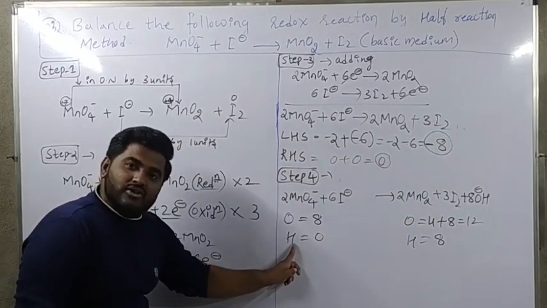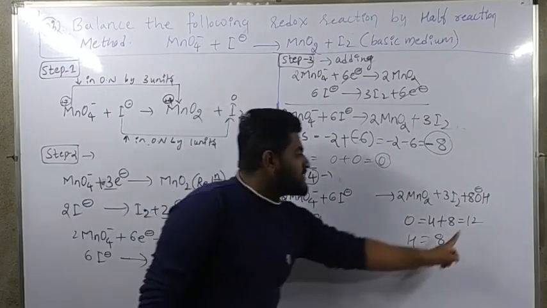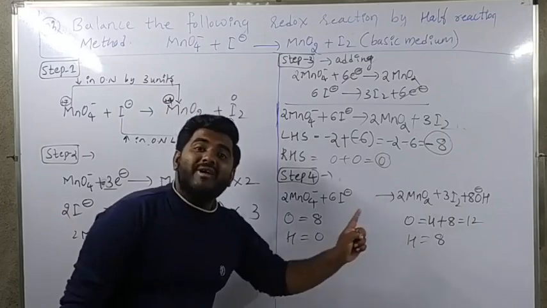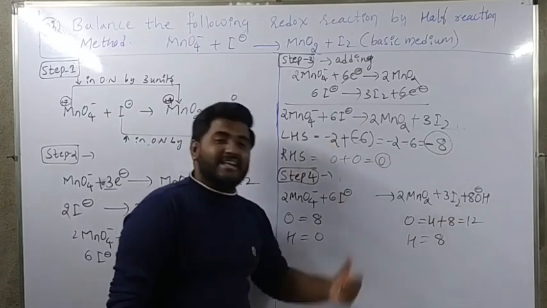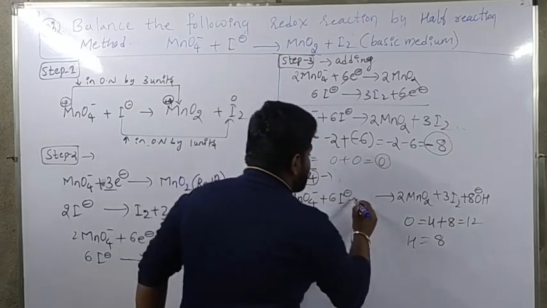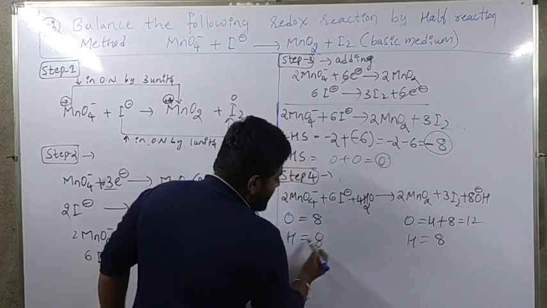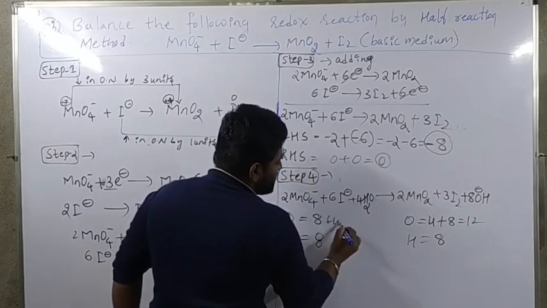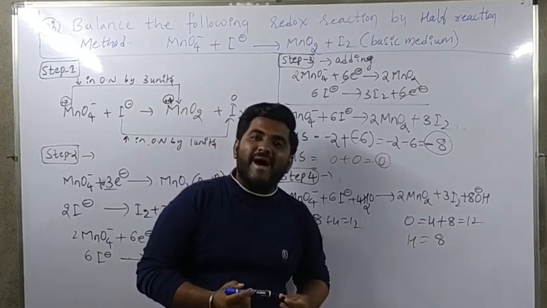So here 0 hydrogens, here 8 hydrogens. 8 oxygens, 12 oxygens. 4 oxygen is less on the LHS side. So what you have to do? 4 water molecules are added on the left. You will get the answer. 4 H2O: 4 2s are 8 hydrogens, plus 4 means 12 oxygens. 12 oxygens, 8 hydrogens. It is balanced, guys.